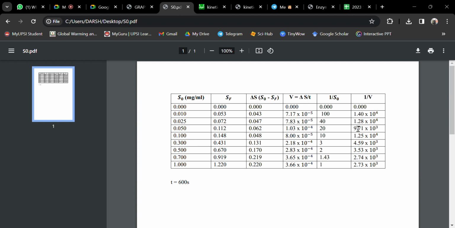Sebab tu saya insist you to understand juga what is delta S. Delta S tu ialah berapa banyak starch yang telah digunakan untuk menghasilkan maltose, hasilkan produk. But we don't measure the maltose, we measure berapa banyak telah digunakan. Berarti kita tahu itu produk sebab dia akan hasilkan maltose.